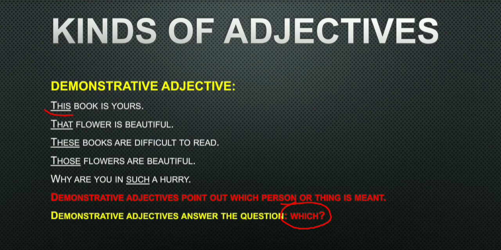This is used for the singular and something that is near to us. That is used for the singular and which is away. These is for plural and those is also plural but away from us. And number fifth is such. It is also used as an adjective when it comes before a noun or pronoun, so it also points out.